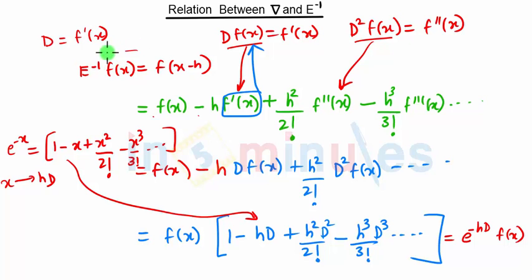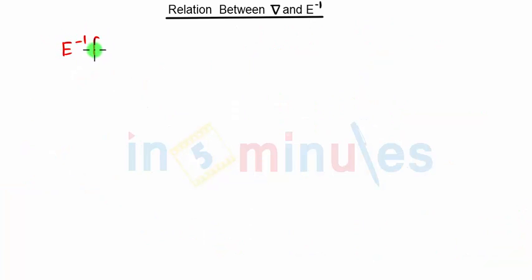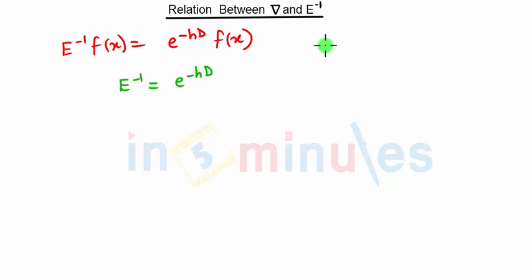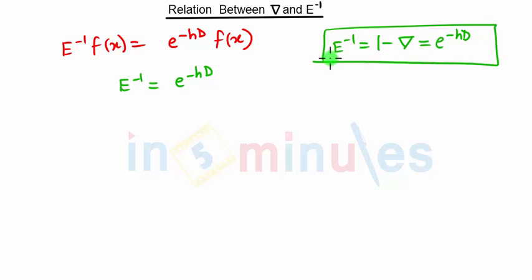So we get e inverse of f of x is equal to e raised to minus hD f of x. So if we compare the coefficient of f of x, we will get e inverse as e raised to minus hD. And we know that e inverse is nothing but 1 minus inverted delta. So 1 minus inverted delta is also equal to e raised to minus hD. So this is the next relationship between backward difference operator and backward shift operator.